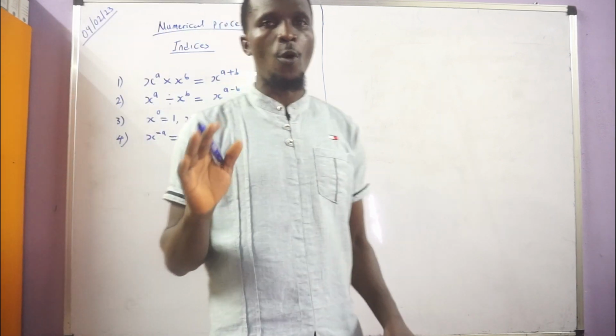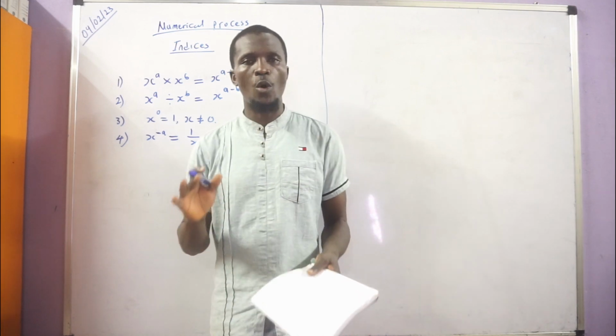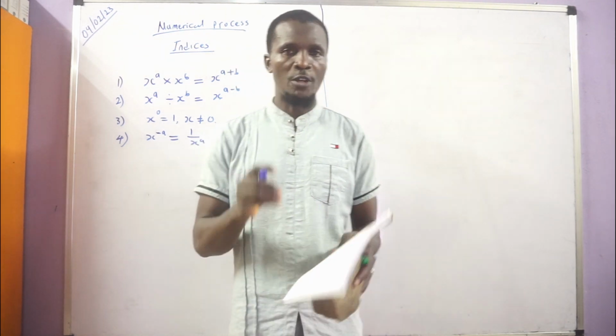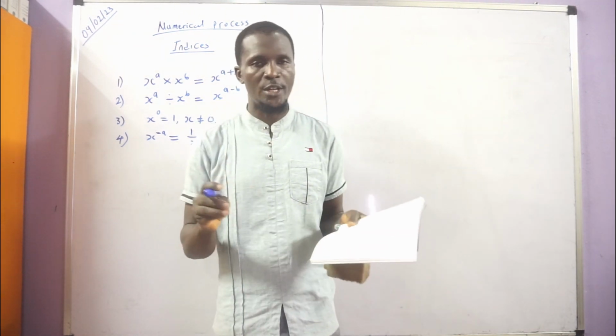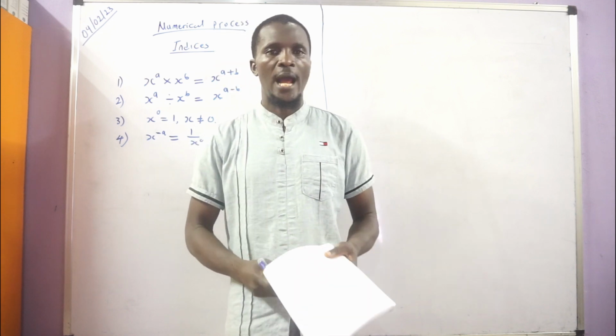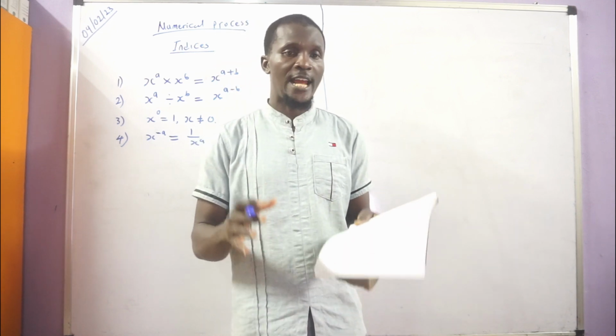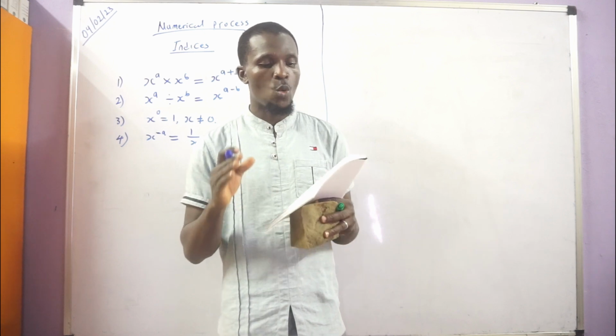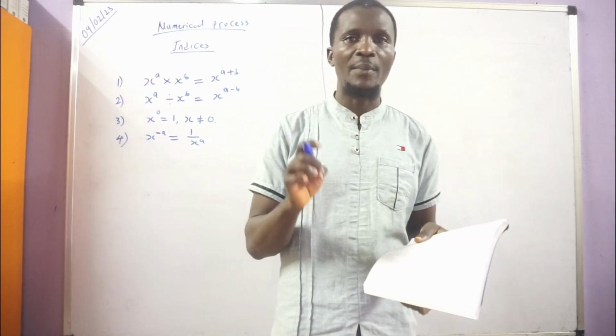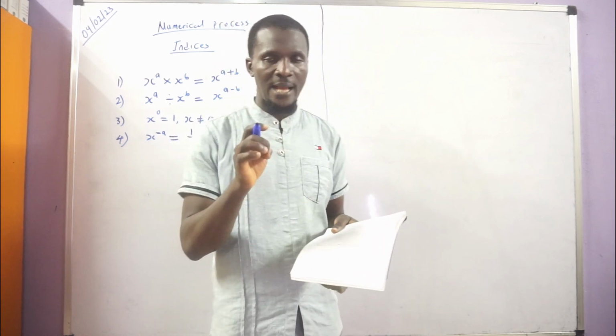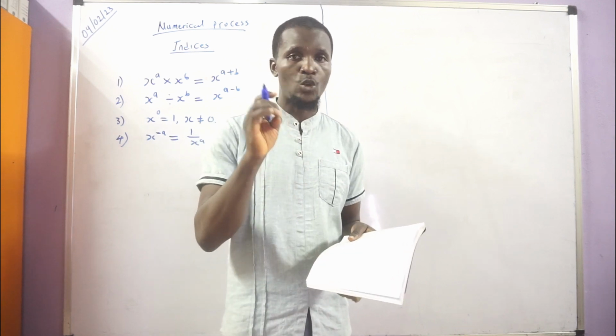With these first four rules, I'm going to be solving some of the questions that we'll be dealing with today. They are all in Exercise 1A in the New General Mathematics textbook SS1.